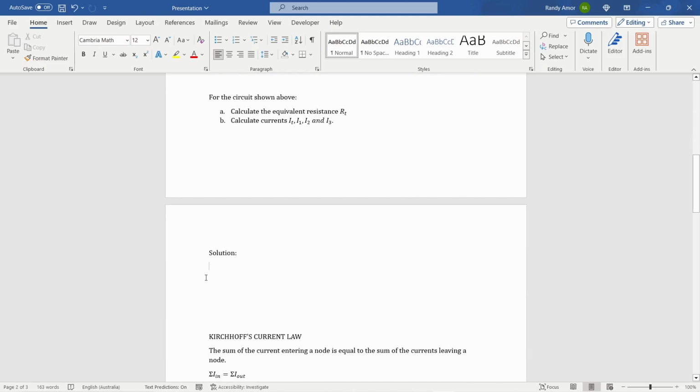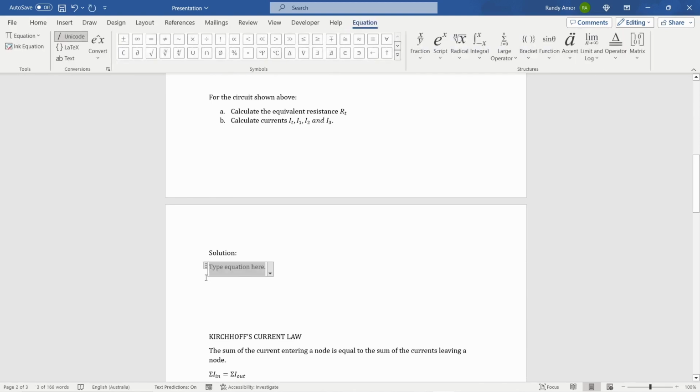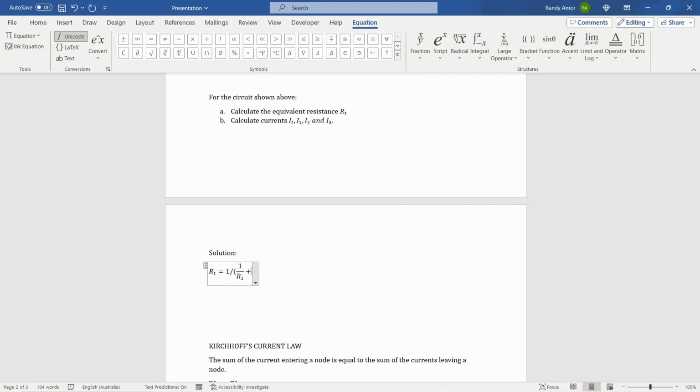Therefore, RT will be equal to 1 divided by (1 over R1 plus 1 over R2 plus 1 over R3).